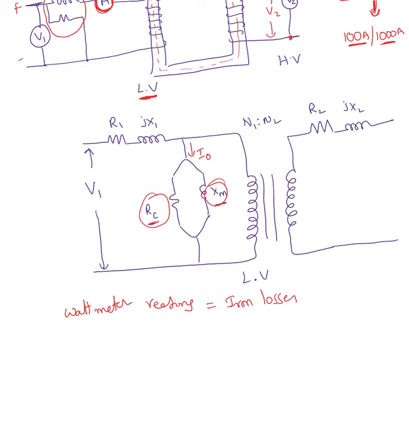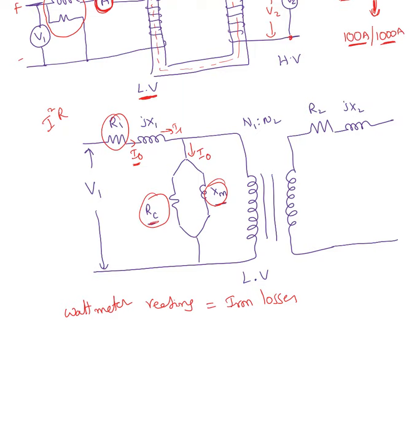There is a small amount of copper loss because the I naught current is passing through R1 too, but this I naught is very small compared to I1. When we connect a load, I1 is the current passing through. So when we compare to I1, I naught is very small. The power losses are I square times R. So I naught square times R1 is very small compared to I1 square times R1. That is the reason I'm neglecting the copper losses there.